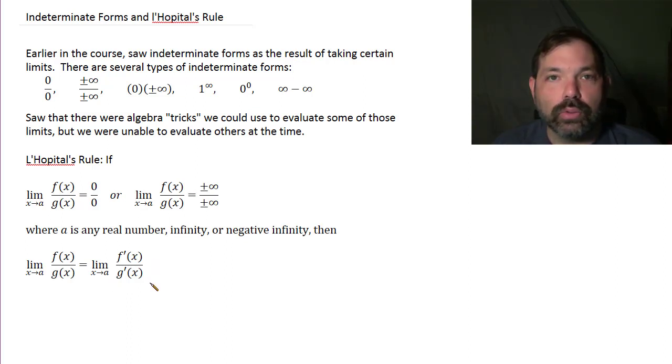It's a very powerful tool in taking limits. So now we're going to see some examples of how we can use this new tool, L'Hopital's rule.